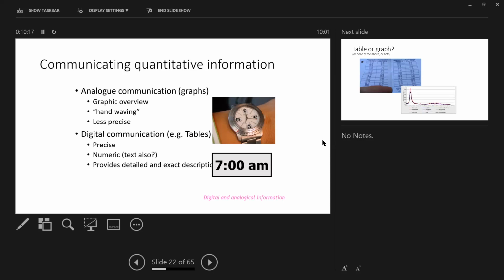And you need to decide which one you want to use. Often what you see is a table, and then the text basically giving exactly the same information as the table, and then a graph of the table.